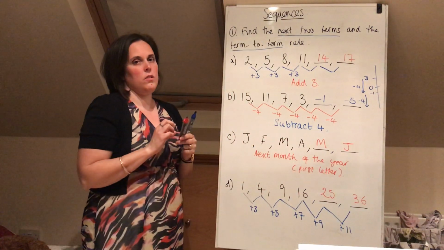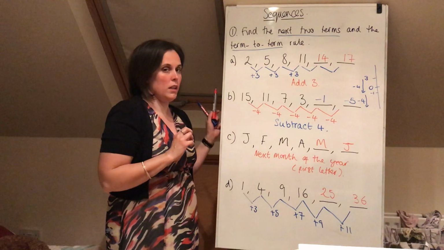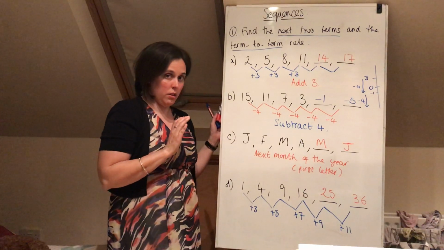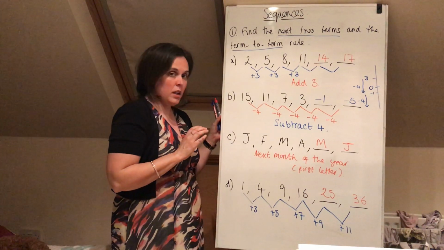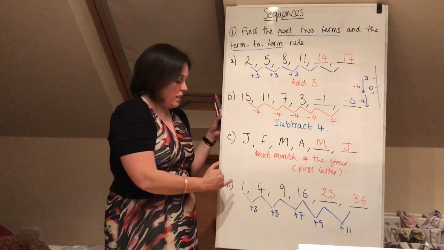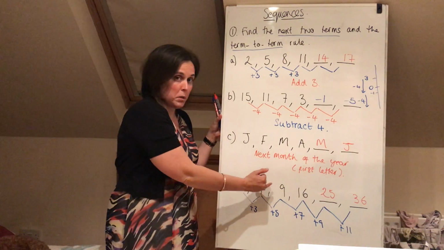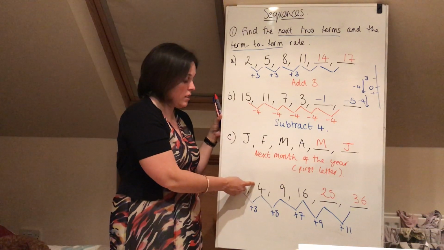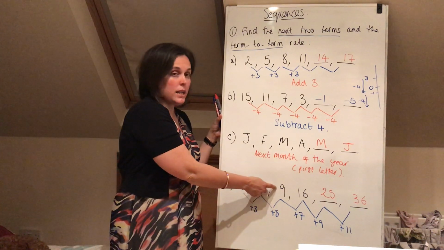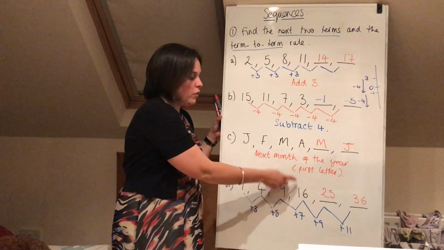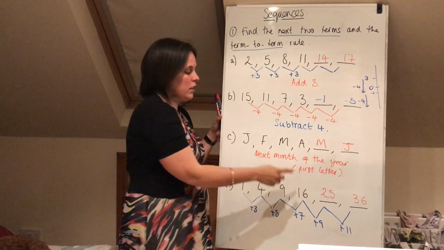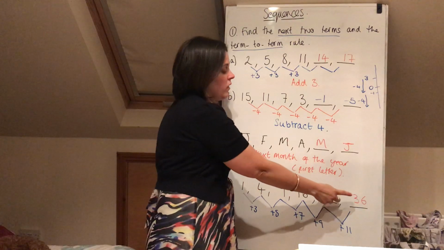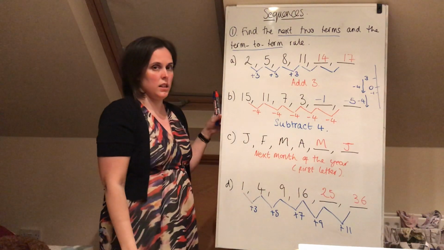Now some of you who might be a little bit more eagle-eyed may be able to spot another thing about this sequence. That is that these are actually the square numbers. So 1 squared is 1, 2 squared is 4, 3 squared is 9, 4 squared is 16, 5 squared is 25, and 6 squared is 36.